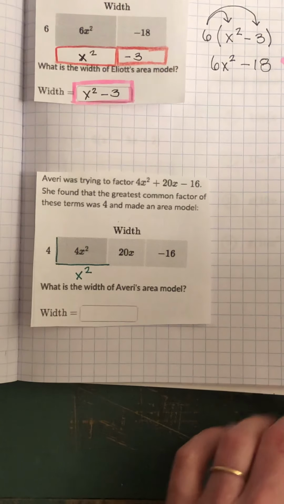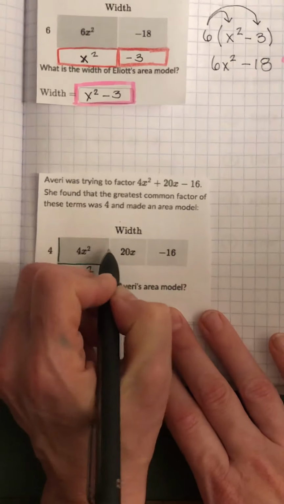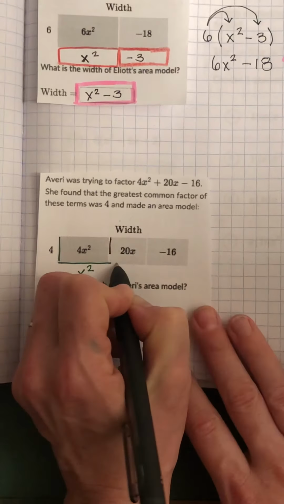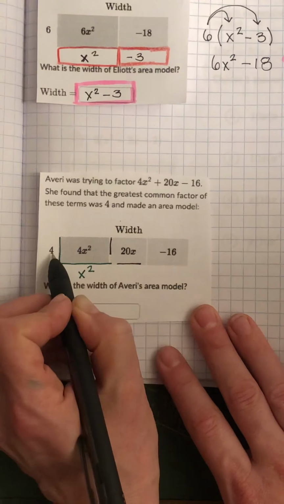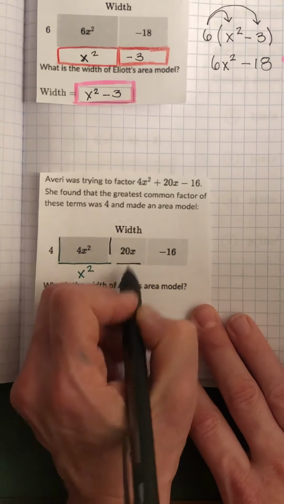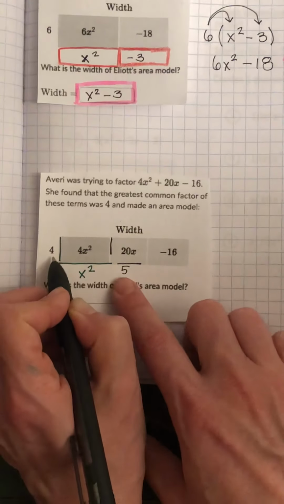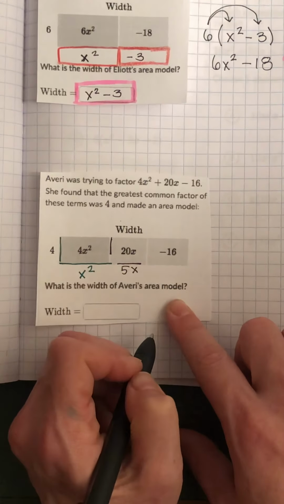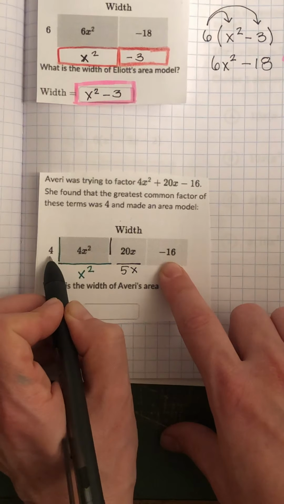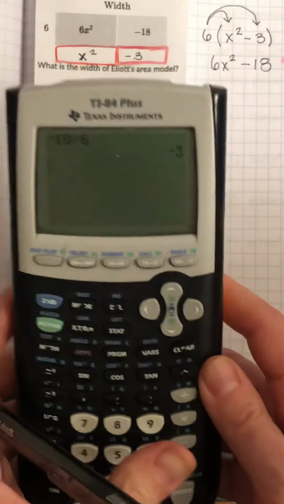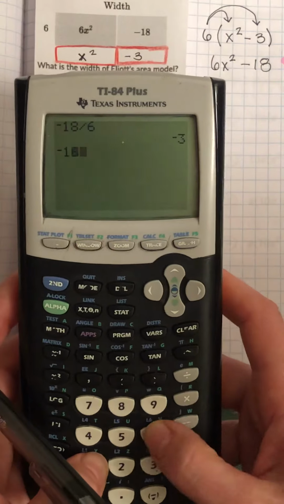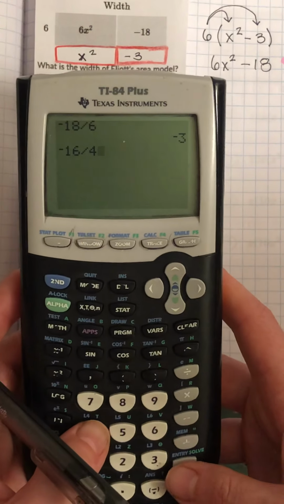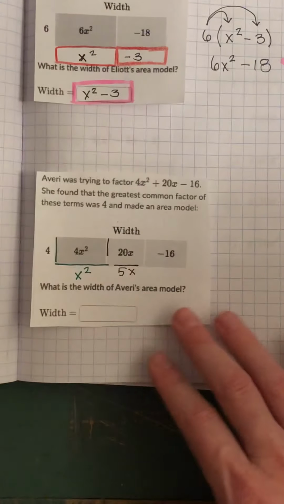Okay, let's alternate. So 4 times what gives you 20x? Well, 4 times what gives you 20? That would be a 5. 4 times 5 is 20, and it's still missing an x. This is just going to be a number, and if I'm scared, I'm just going to say what's negative 16 divided by the 1 out front, and that's a negative 4.